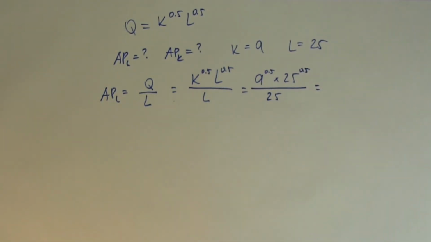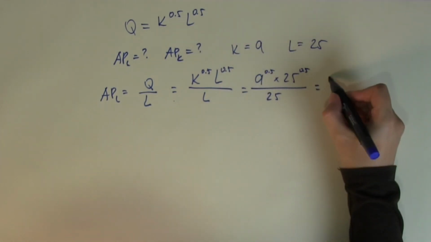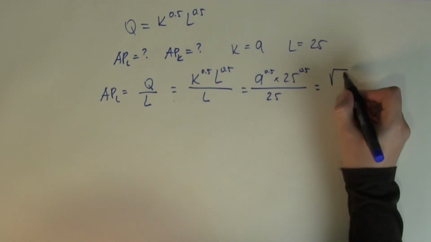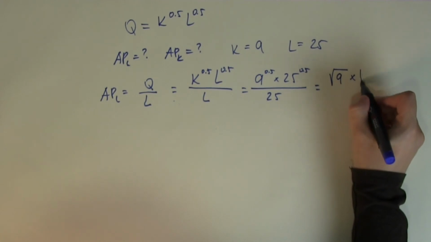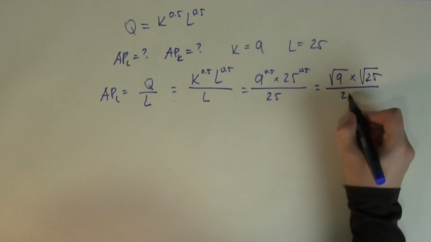Now again, remember that the 0.5 power is the same as the half power, and the half power is the square root. So that basically tells me that this is square root of 9 times square root of 25 divided by 25.